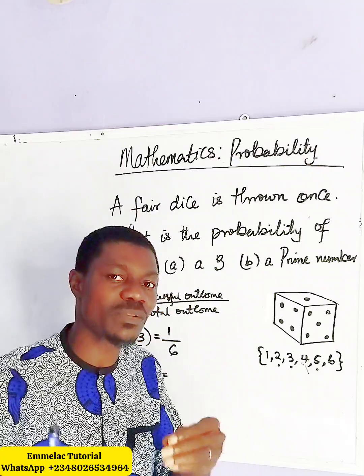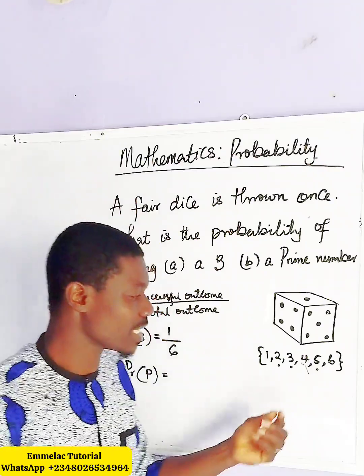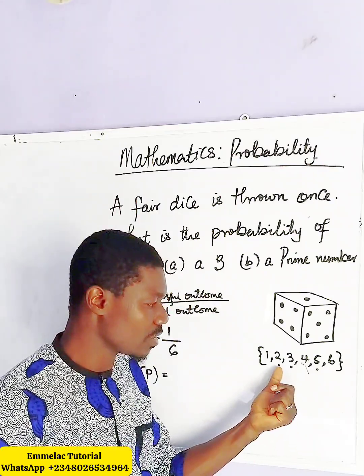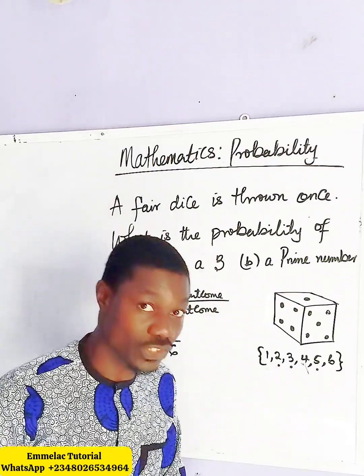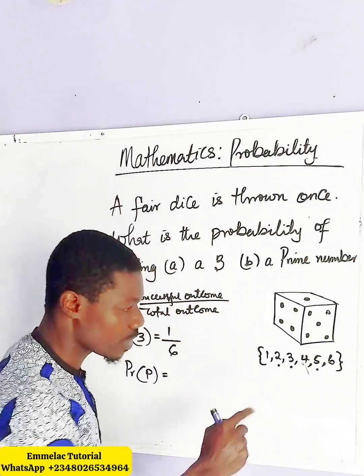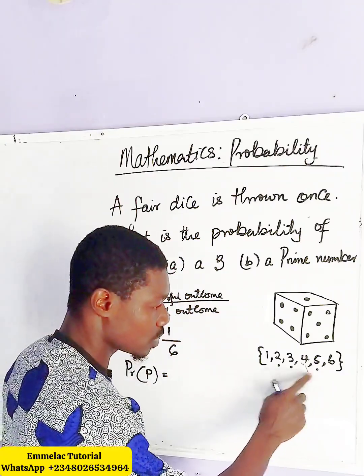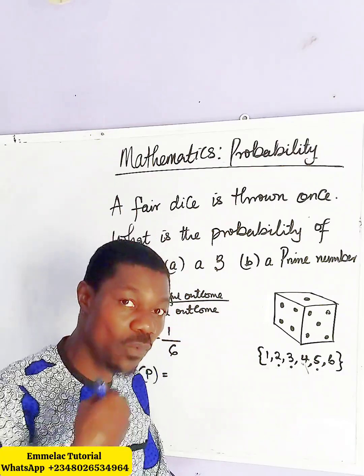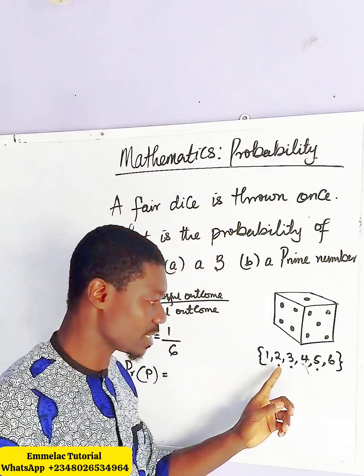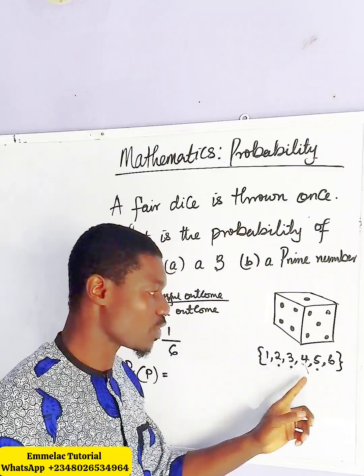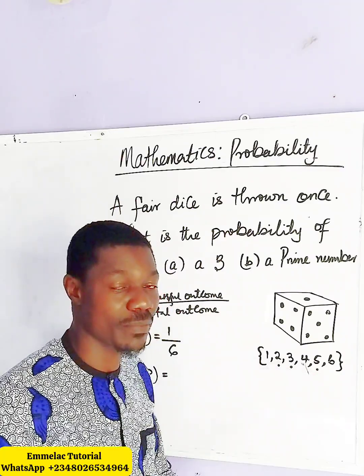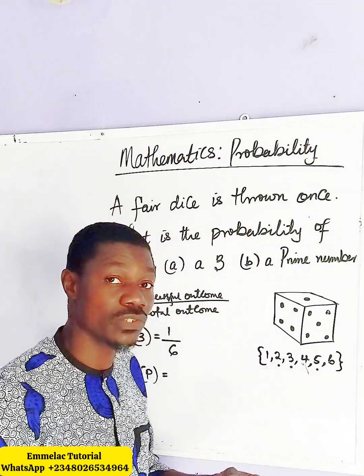Now what is the probability that we will get a prime number when a die is thrown once? When you throw a die once, you can get 2, or 3, or 5 as the prime number. So what is the successful outcome?